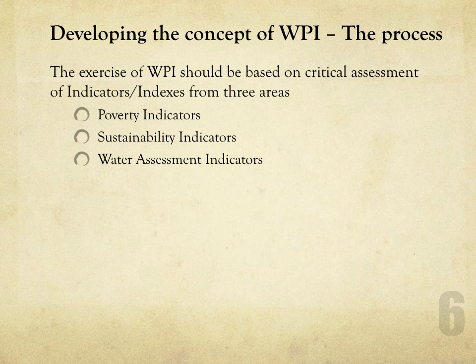Now, I'm not going to go into the details of which poverty indicators, sustainability indicators, or water assessment indicators she considered and evaluated before arriving at the composite water poverty index. That is not the idea here. I leave it to you to read, but she has definitely tried to be comprehensive enough. That's what I am trying to emphasize here.